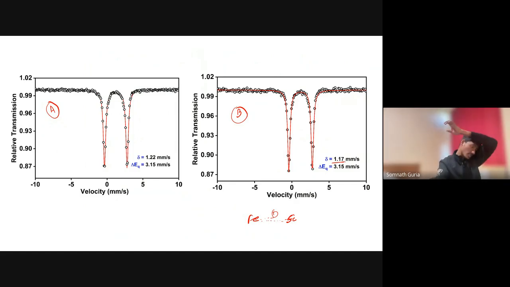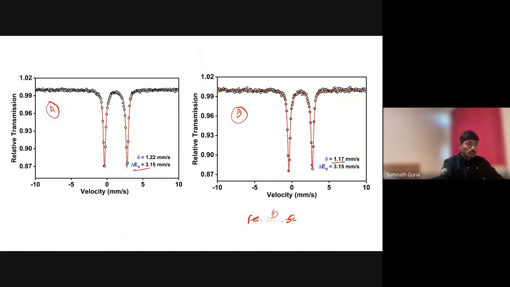So it has less electron density because of the scandium. It acts as a Lewis acid, and the delta EQ value looks similar, but it has a lower value than the delta value of the iron oxo triflate complex only.